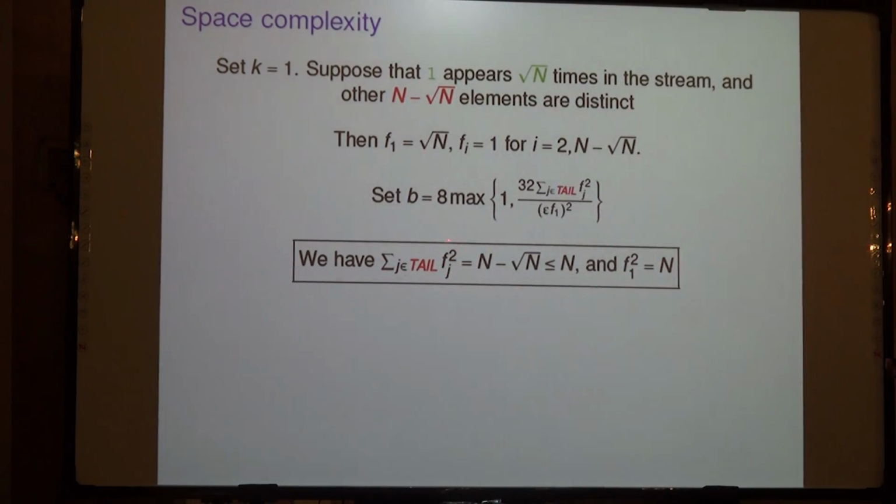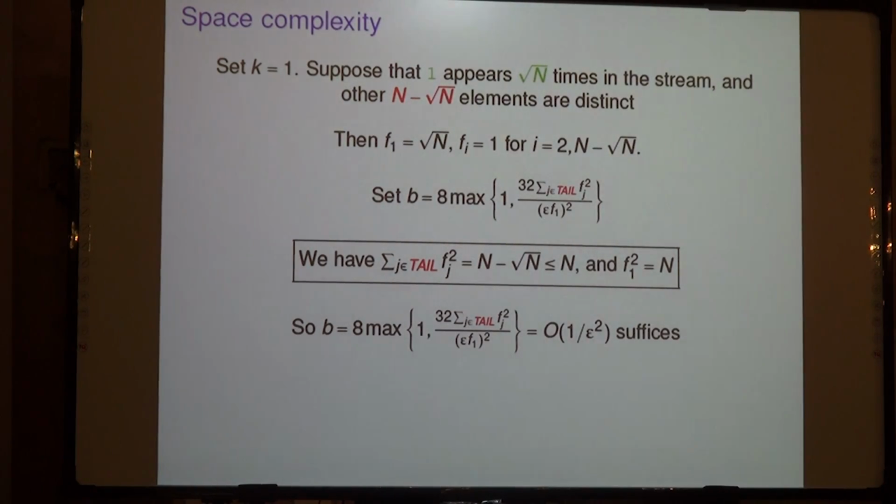The sum of fj squares over the tail is also n. So the number of buckets that we need to hash to is actually order 1 over epsilon squared.